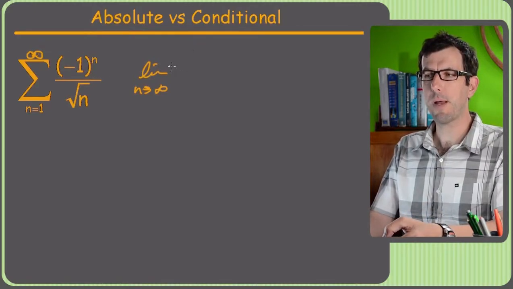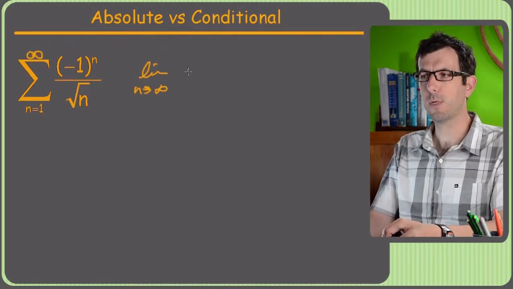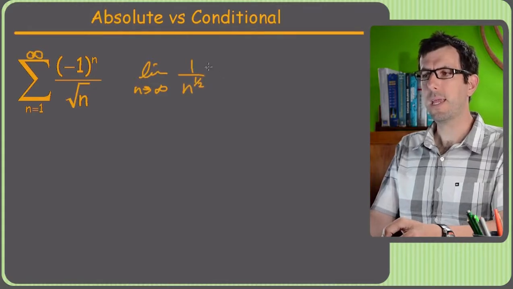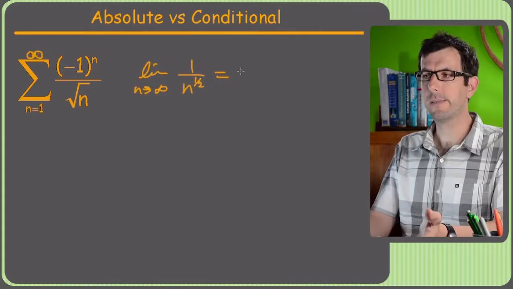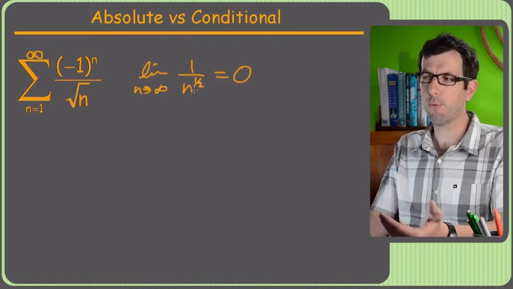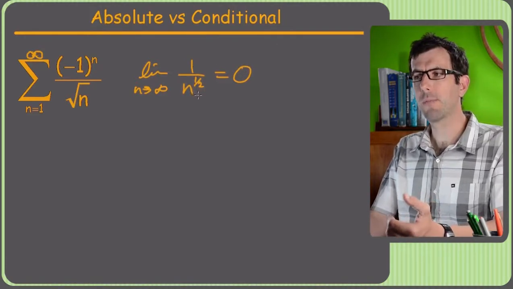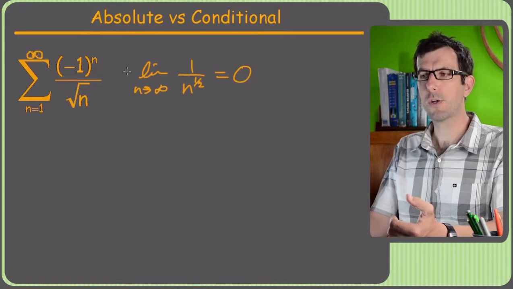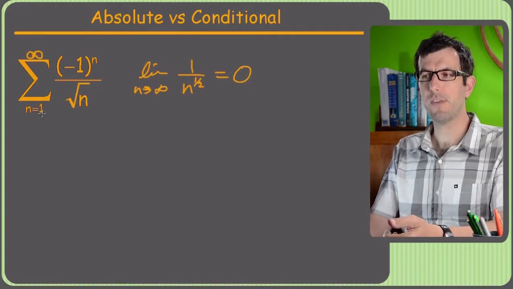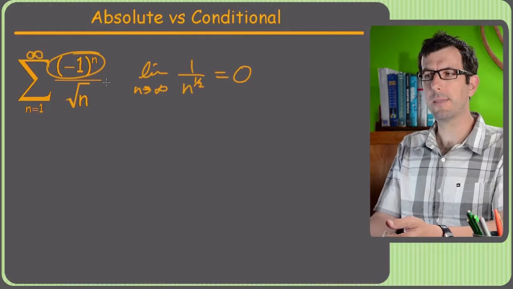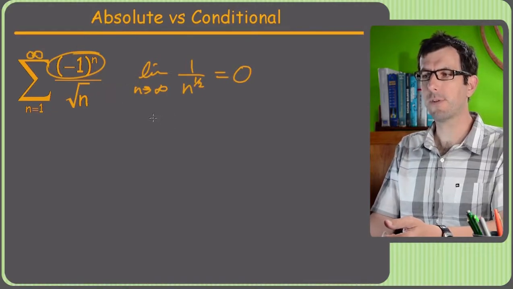And for this limit problem, we ignore the -1 to the n, because all that was doing was creating that plus-minus situation. So let's take the limit of 1 over n to the 1/2, or 1 over square root of n, and obviously this does go to 0, because the square root of infinity is still a really big number, and 1 over a really big number is 0. So these terms are approaching 0 as n approaches infinity, and it's plus-minus, so therefore it converges.